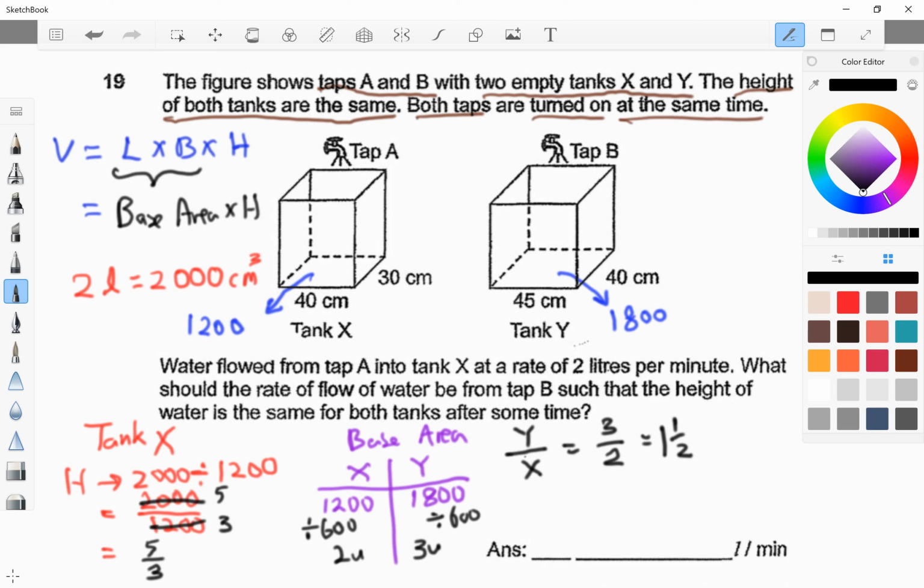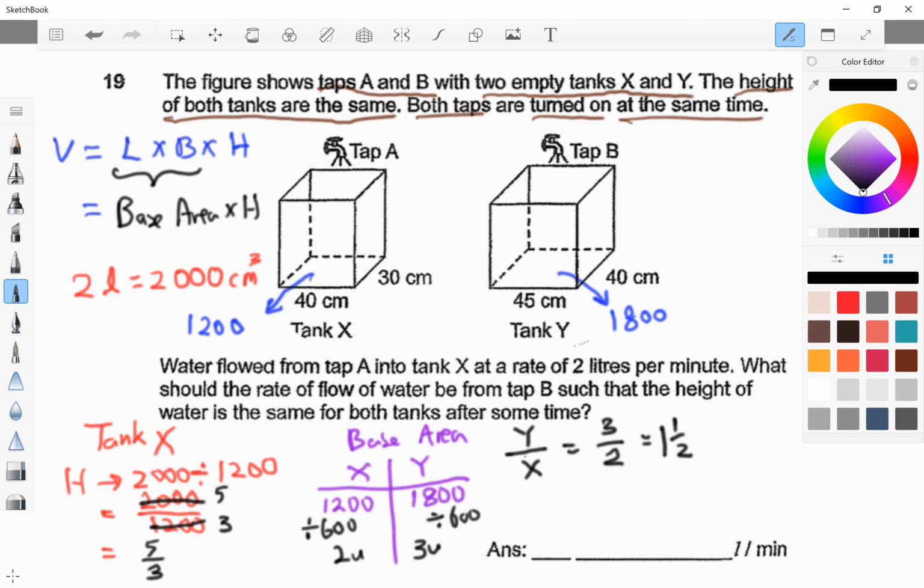And in order for both heights to be the same, given that tank Y has a much bigger base area, that is 1.5 times that of X, it's logical to say that the amount of water flowing from tap B must be a lot more than the amount of water that flowed from tap A. Let me repeat this again.